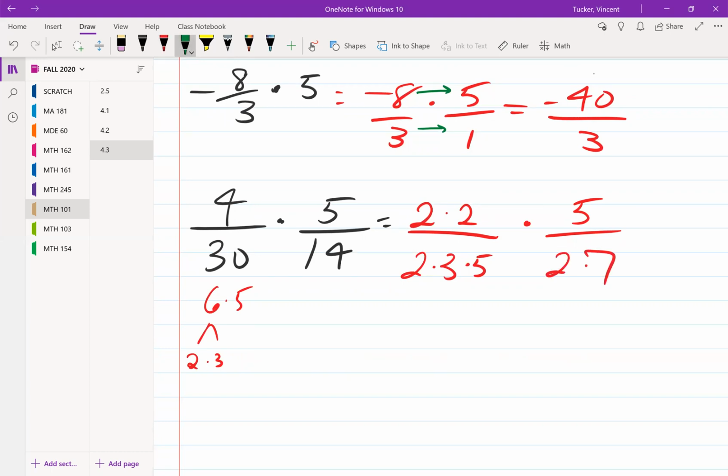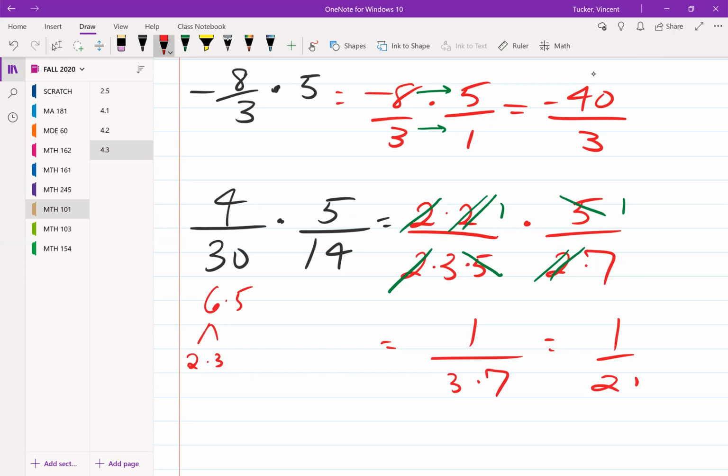So now I can cancel out numbers that are in common with the top and bottom. 2 over 2 cancels, and then 2 and 2 will cancel. Also 5 cancels. Everything cancels out in the numerator here. So I'm left with 1 on top, 3 times 7 on bottom, so that's 1 over 21 as your final answer.